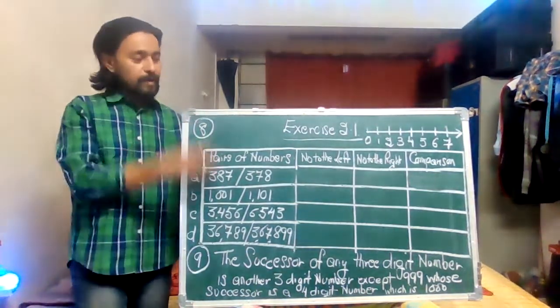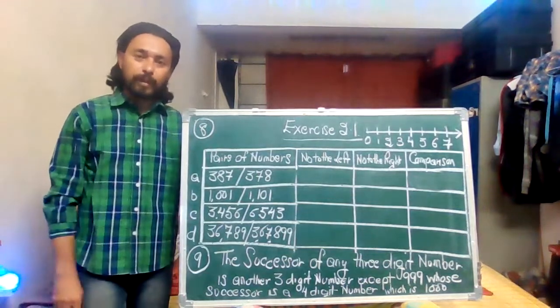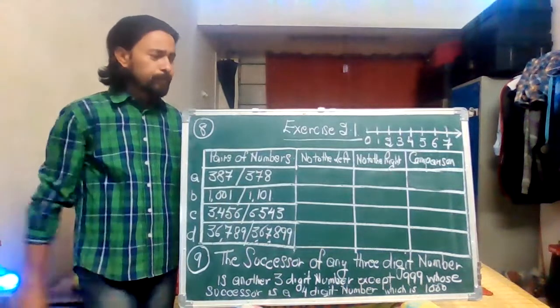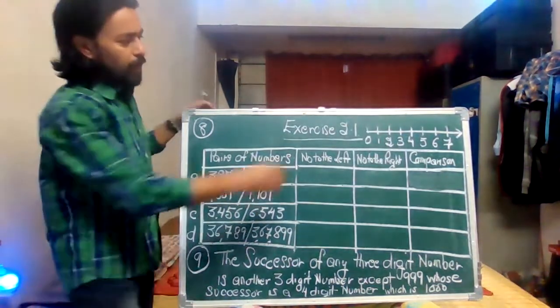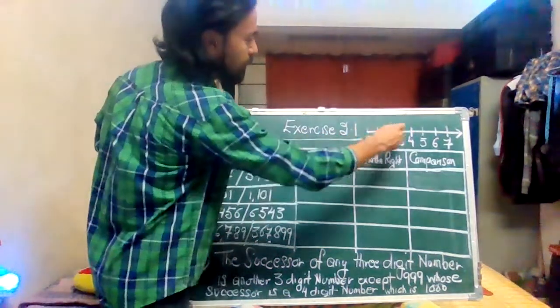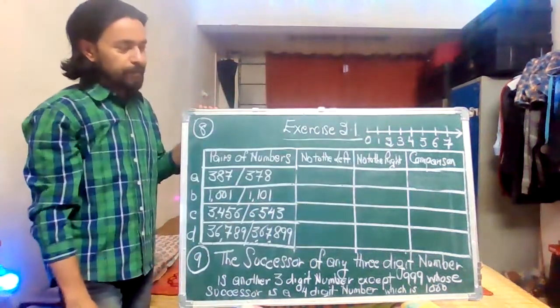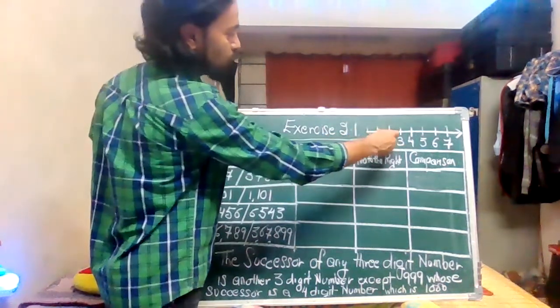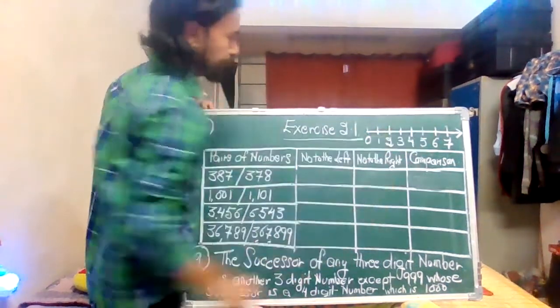But yes, this particular sum is based on the number line, and therefore it's a very basic sum, a very easy sum. I have drawn the number line here from 0 onwards, you can see. And you can see that the numbers go on increasing: 1, 2, 3, 4, 5, 6, 7.